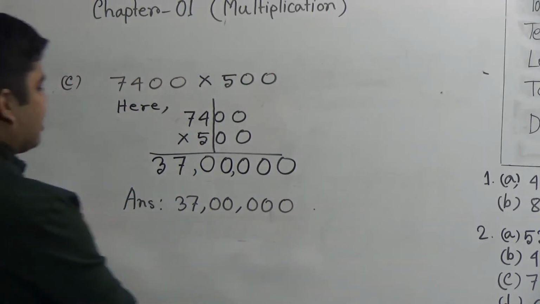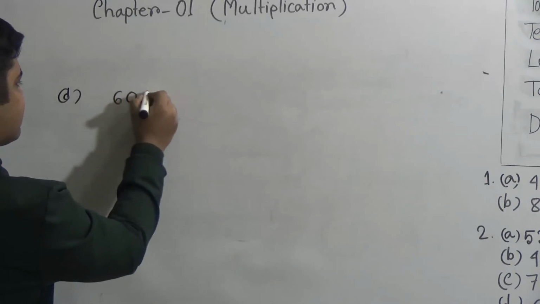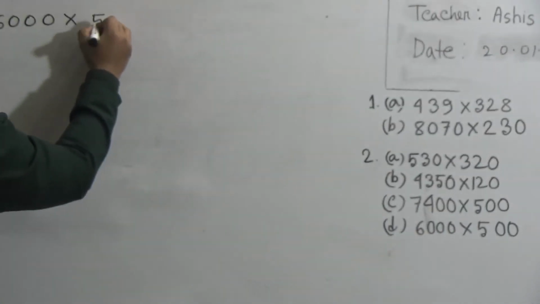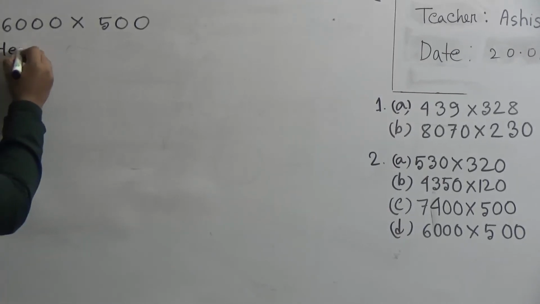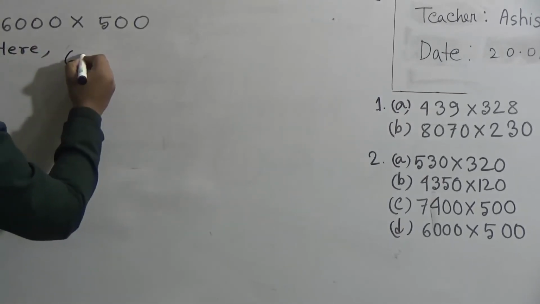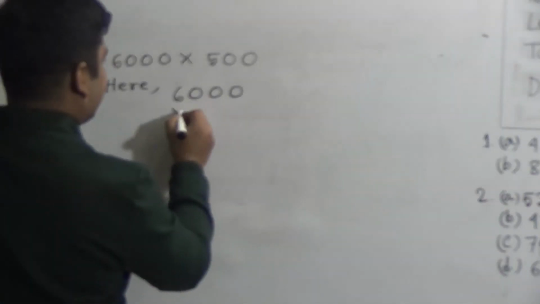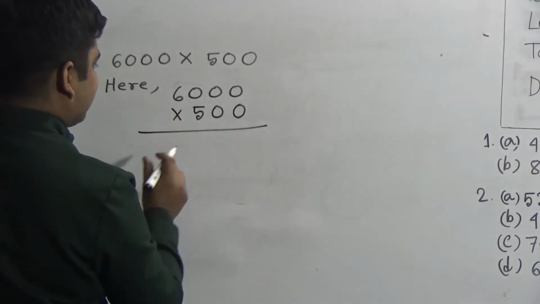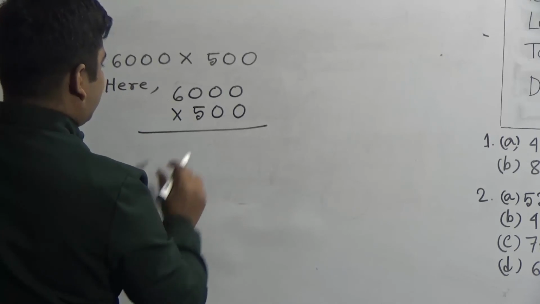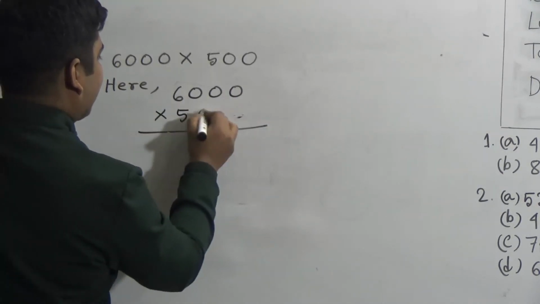Okay. This is our last one. So question D: 6,000 multiplied by 500. It is also so easy. So first of all we write as usual here, then I write the multiplicand. After that we write here multiplier 500. Then we separate. So my dear students, write here multiply 500.